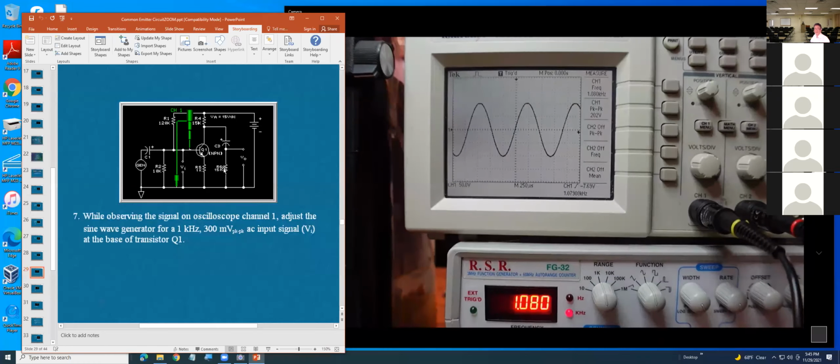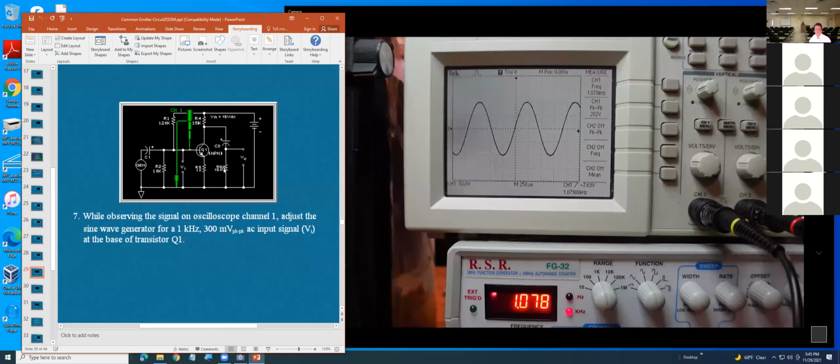Okay, this is the generator. So what I want is 300 millivolts. First thing I'm telling you, you have to turn the generator amplitude counterclockwise to the minimum, to see how much voltage you're able to get.